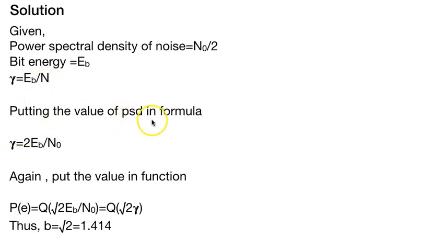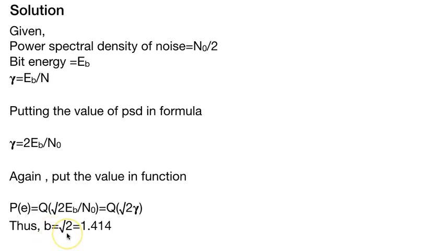Now putting the value of PSD as N0 by 2, it gives 2EB under Q. Again, if you put the value in the function, it will be under root of 2EB by N0, Q of B under root gamma. Now I have taken this in a literal sense, like what is gamma, not adding any coefficient to it.